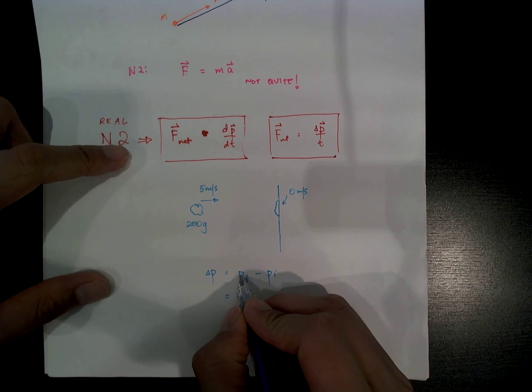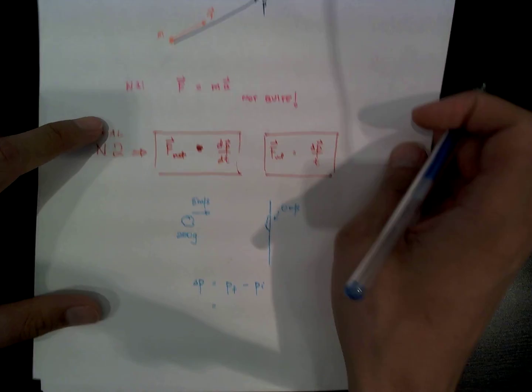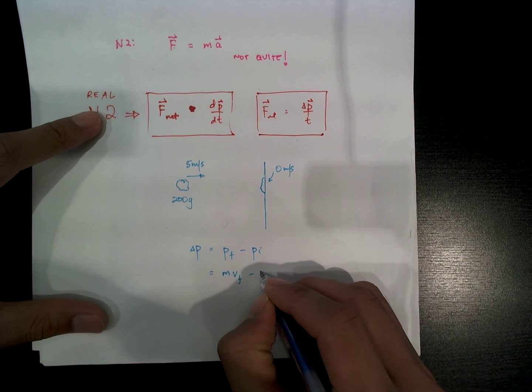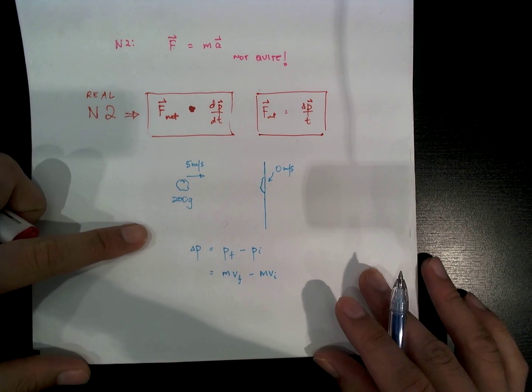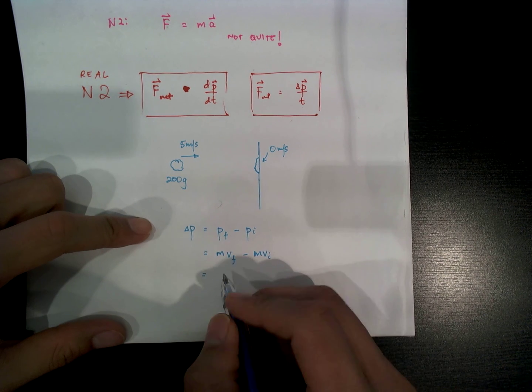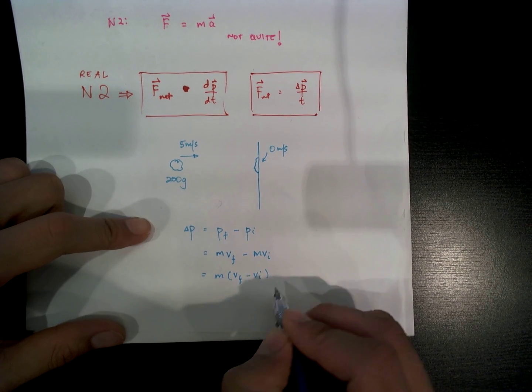So momentum we saw here was mass times velocity, so I just simply plug that in: mass times the final velocity, minus mass times the initial velocity. And the mass I can factor out, so I'm just looking for the change in velocity.